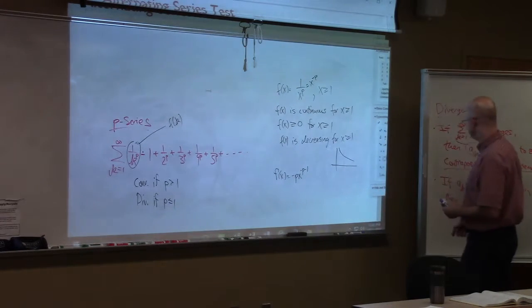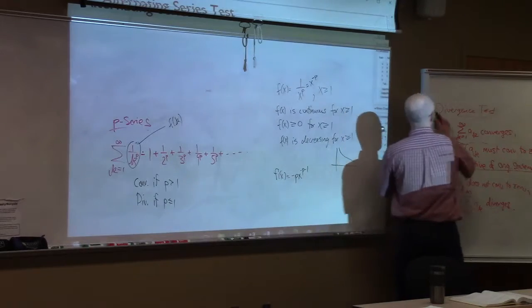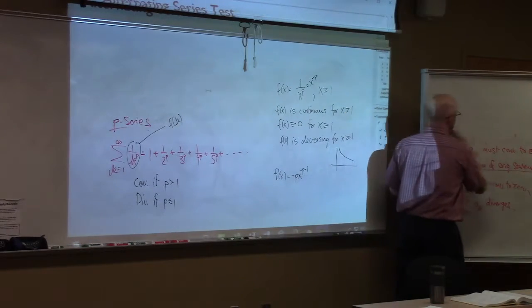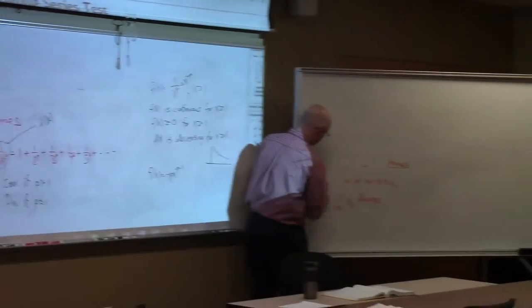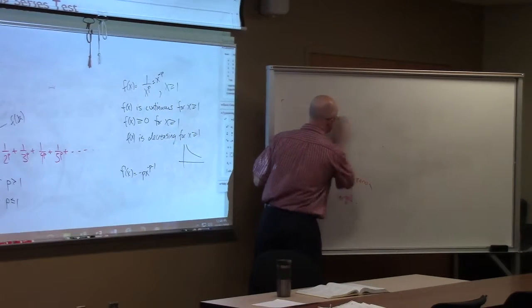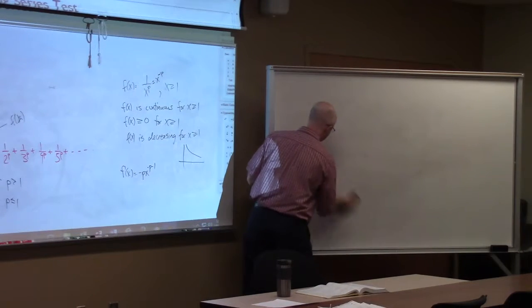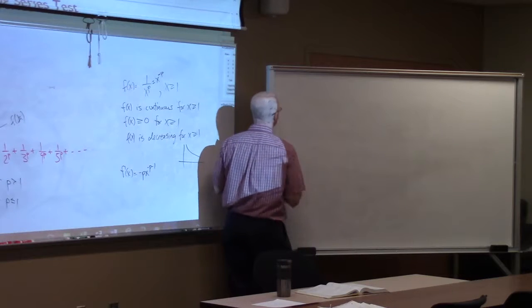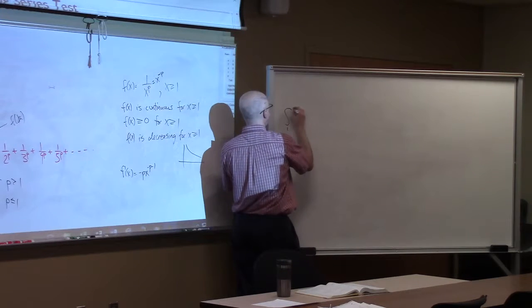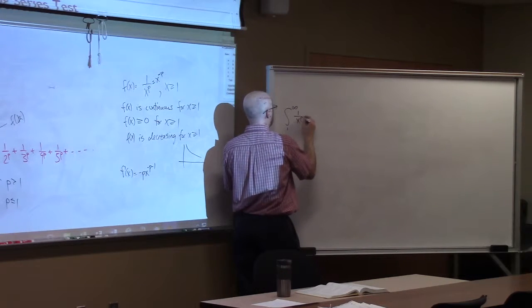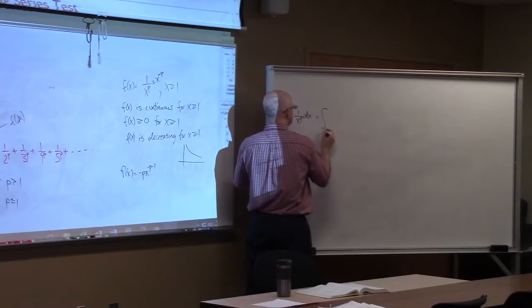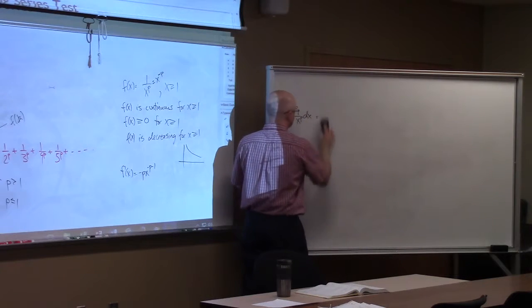And what about the integral? What about the integral of f of x? We've done that before. Let's do it again real quickly. It's an improper integral. Should do it as a limit.